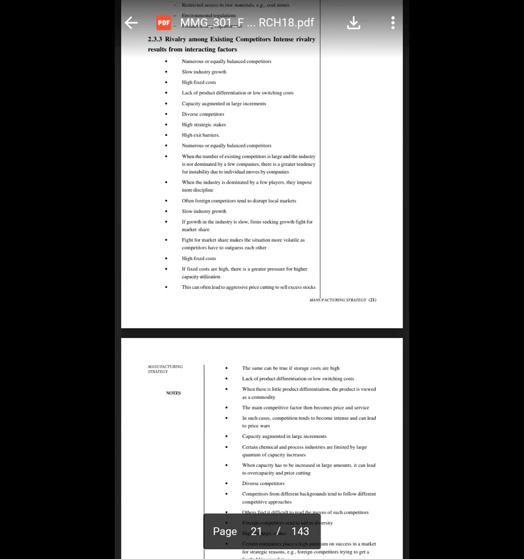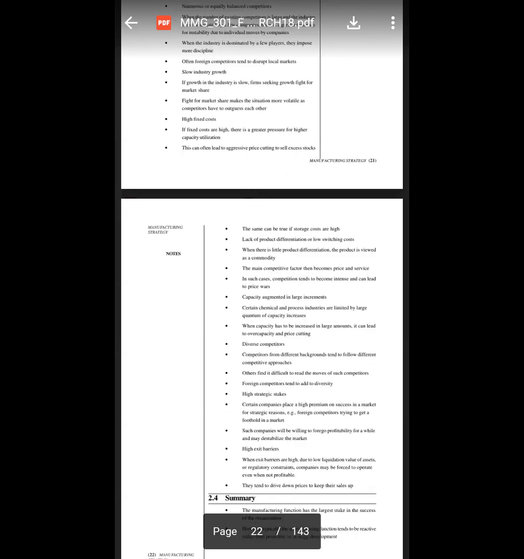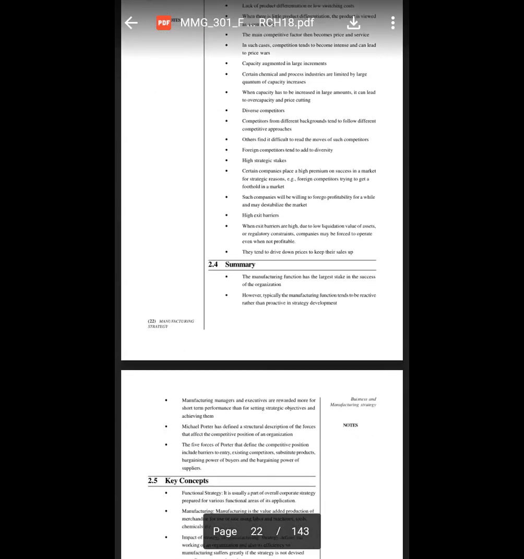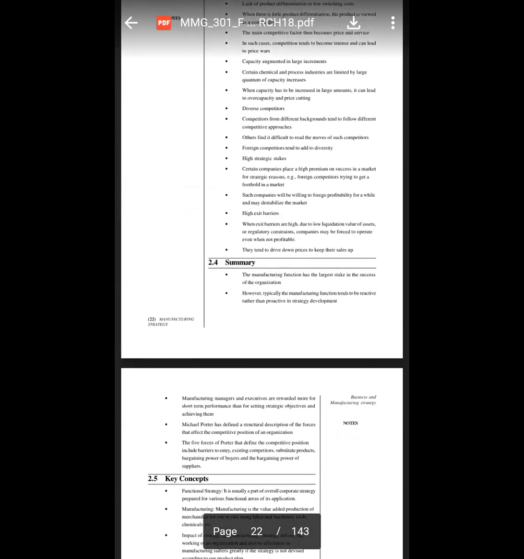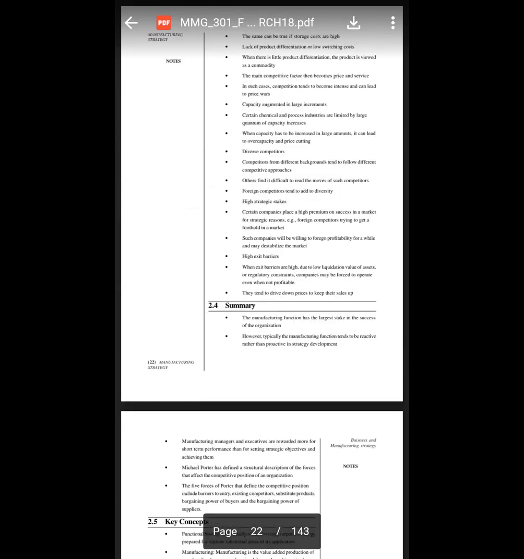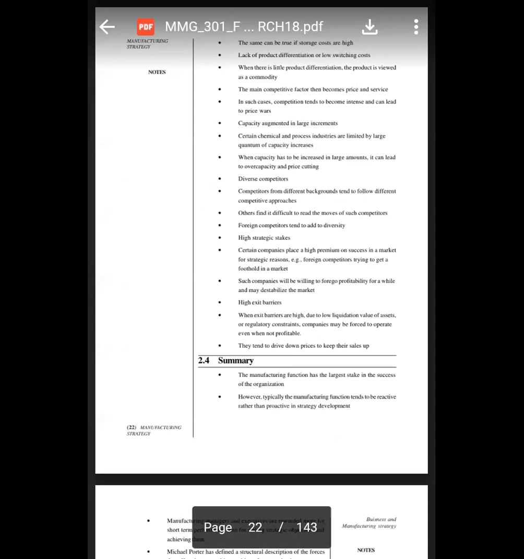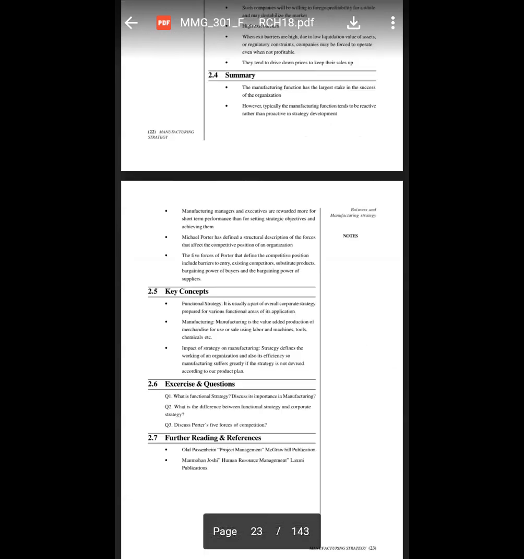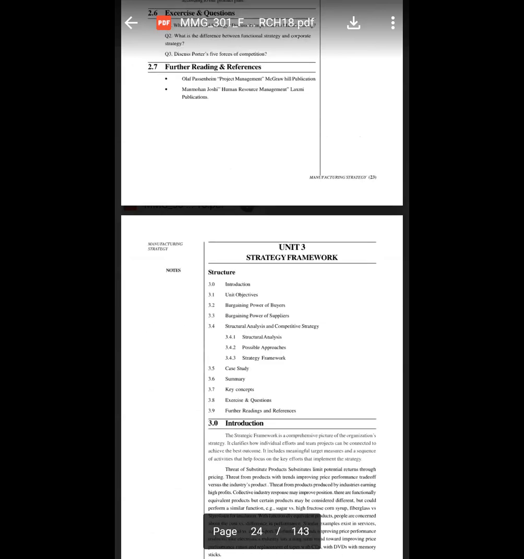The same can be true if storage costs are high, high strategic stakes, high exit barriers. Okay, now foreign competitors tend to add to diversity. So these all are the factors.